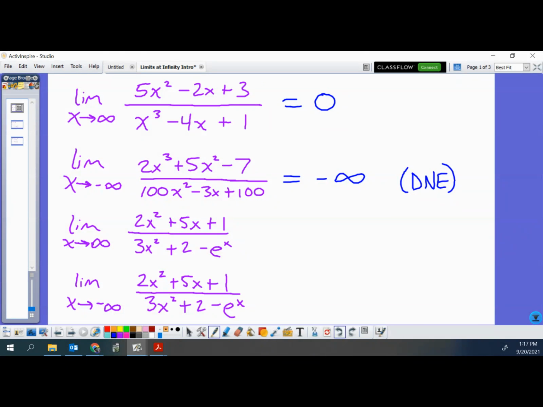What happens is the exponential grows so much faster than the polynomial once x gets sufficiently large. Sometimes it might take a while, but eventually exponential growth will beat polynomial growth every single time. Since e to the x will grow toward infinity as x goes to infinity, it's going to beat all the other growth out there. This denominator is going to get much bigger in magnitude. It'll be negative because it's minus e to the x, but it's going to be minus a huge number and much bigger than the numerator will be.